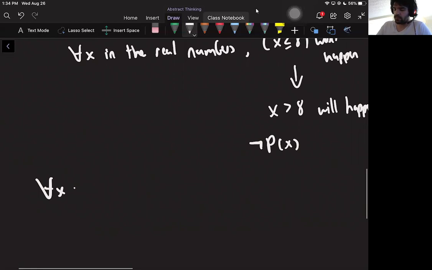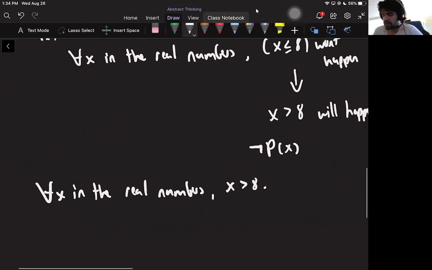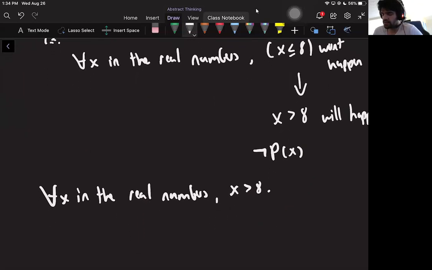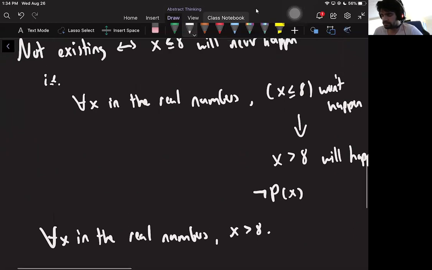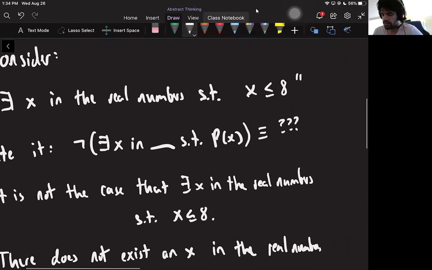For any x in the real numbers, x is bigger than 8. That's the negation of there exists an x in the real numbers which is less than or equal to 8. And this is how it will always work in general.